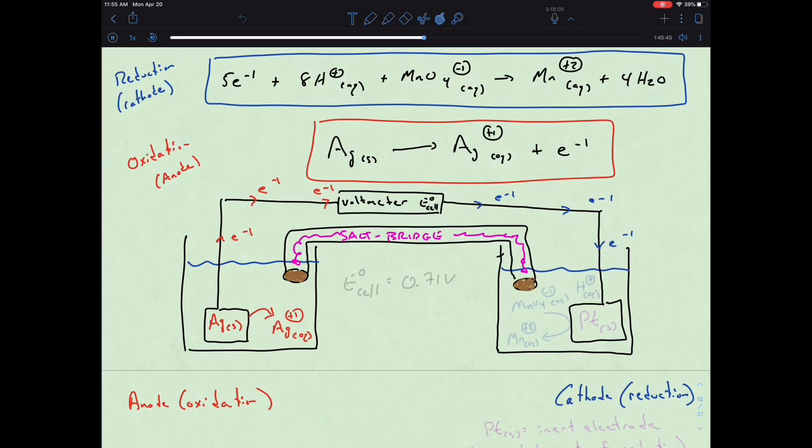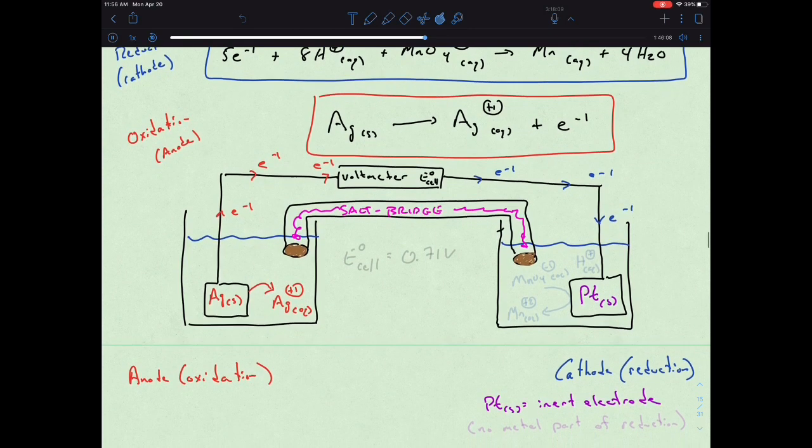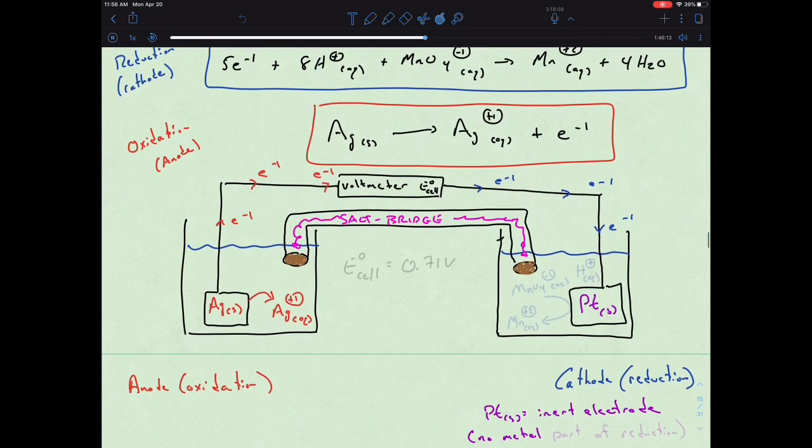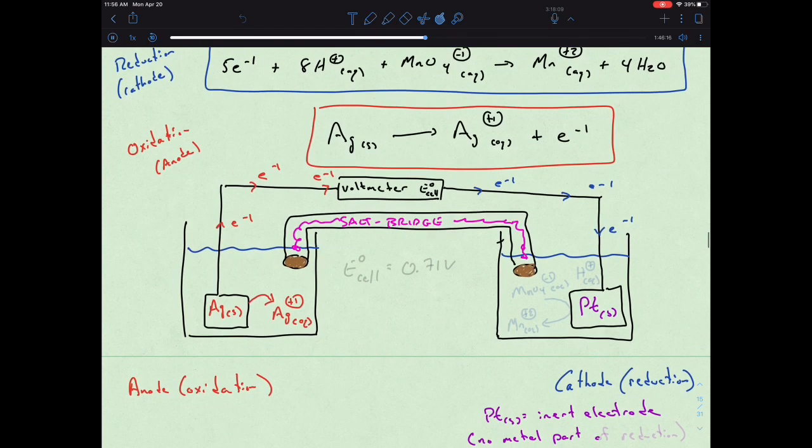Now the reduction. If we look above, we don't have a metal. So we're going to use that inert electrode that we talked about earlier, since there's no metal part of the actual reduction that's occurring.